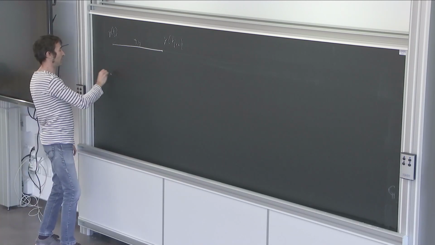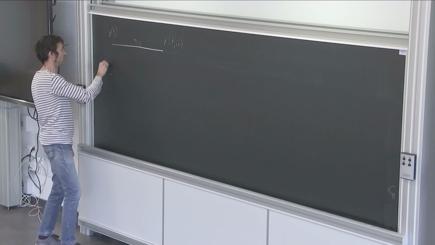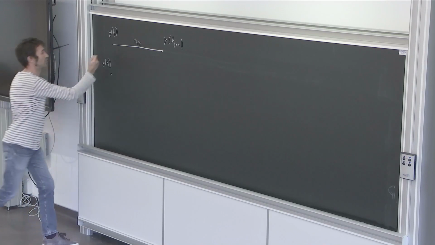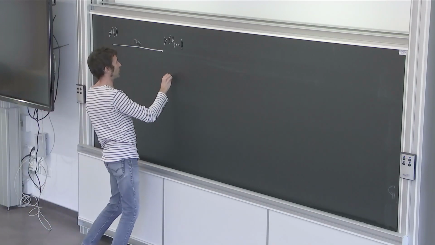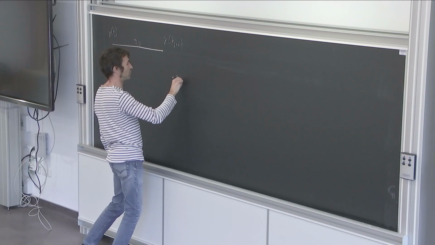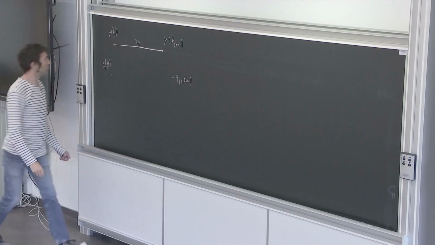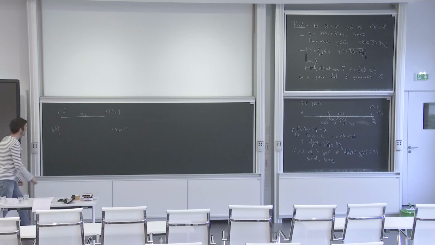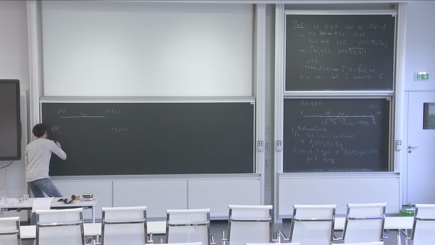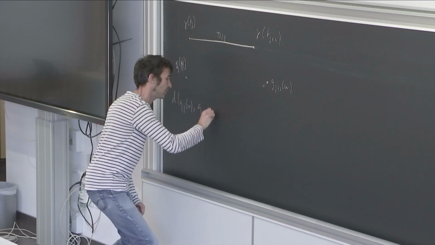Somewhere not too far, I have Gj of W. And somewhere not too far here, I have Gj plus 1 of W. So what I'm interested in is understanding the distance between those two. So I look at the distance between Gj of W and Gj plus 1 of W.